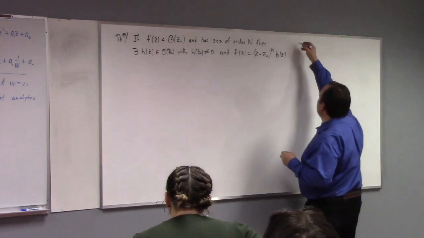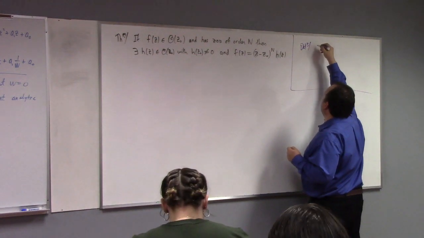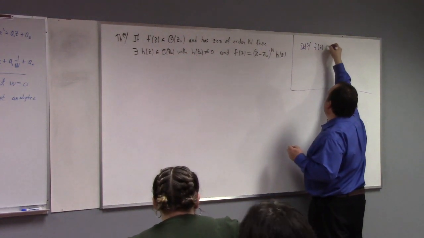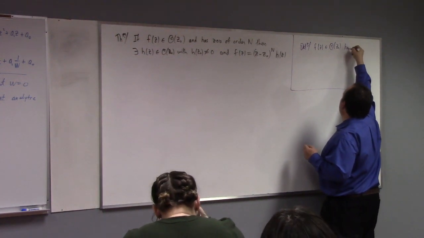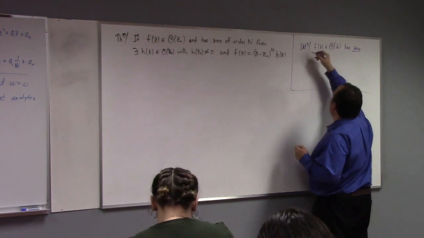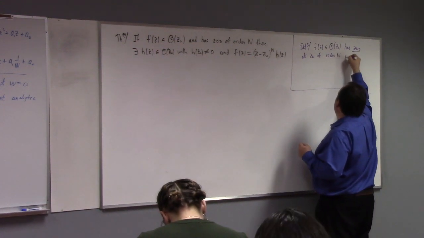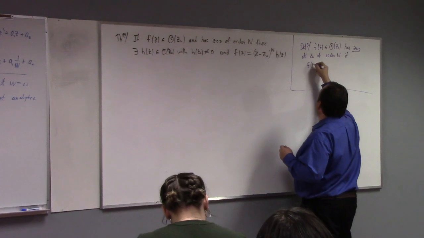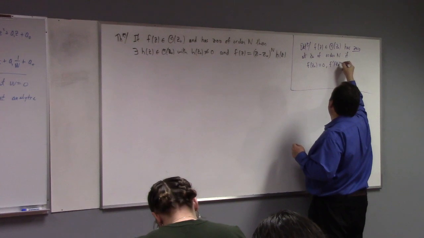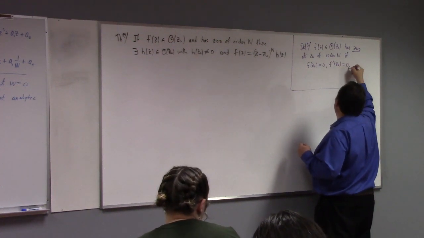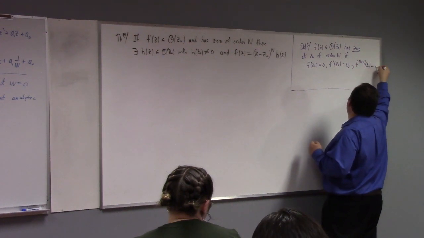Just to be clear, our definition: f of z, holomorphic at z naught, has a 0 at z naught of order n if f of z naught is equal to 0 and f prime of z naught is equal to 0, and so forth, up to the n minus 1th derivative at z naught equals 0.